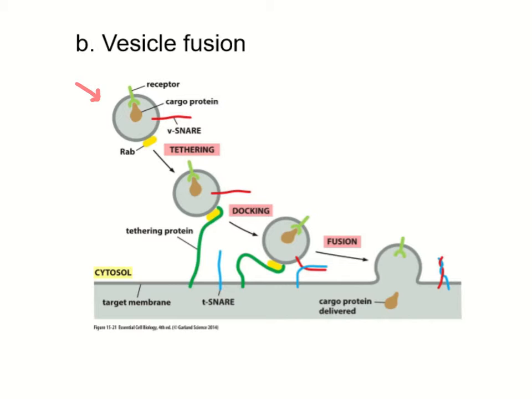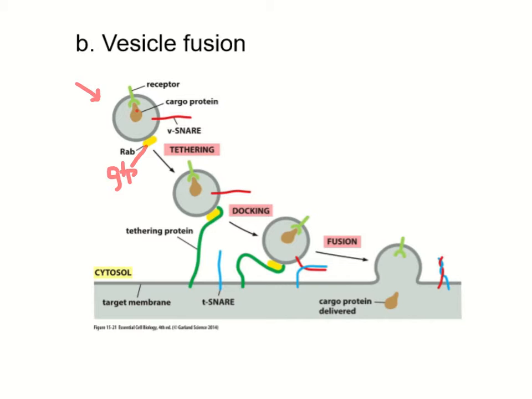And on the outside of this vesicle is a protein called RAB. And this is the GTPase. GTP is bound to this protein.